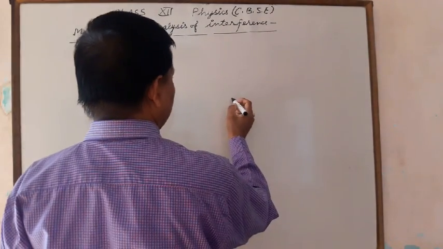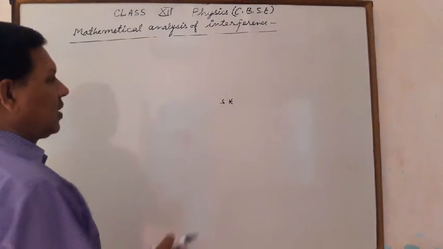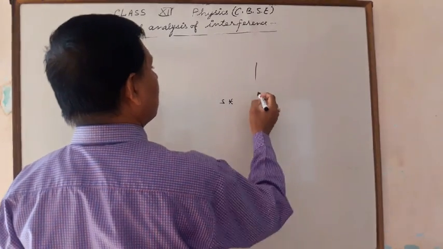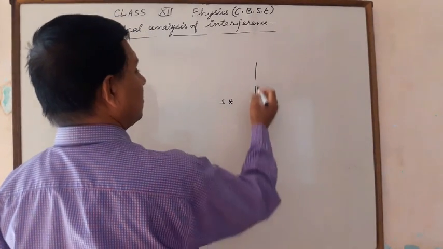Let S be a light source. From this light source, we obtain two coherent sources, S1 and S2.